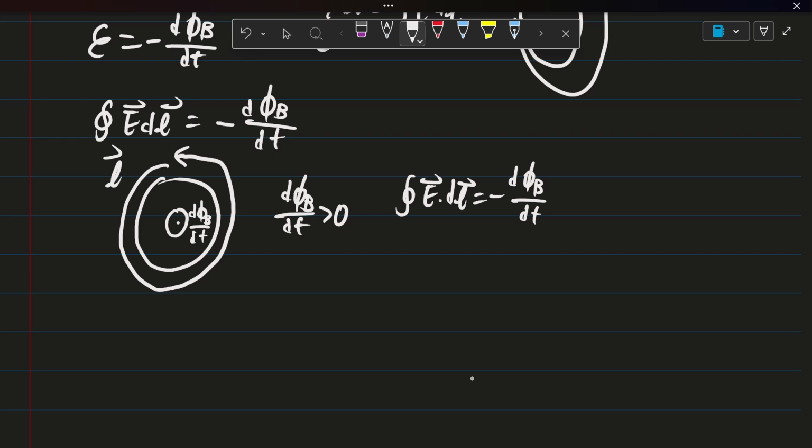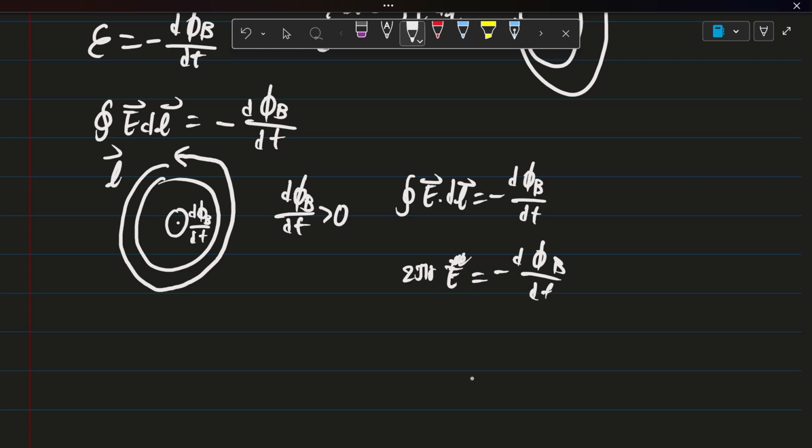But we know for a fact that because this is radially symmetric, at each point the electric field should be the same, and its magnitude should also be the same. So it turns out that this would be pretty much 2 pi r times E equals the negative d phi B over dt.